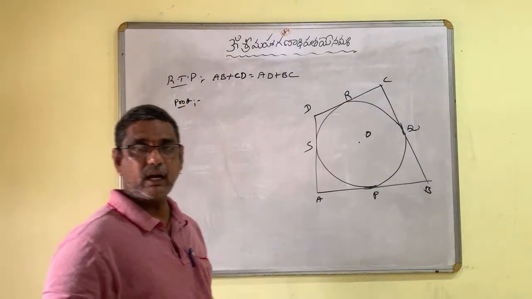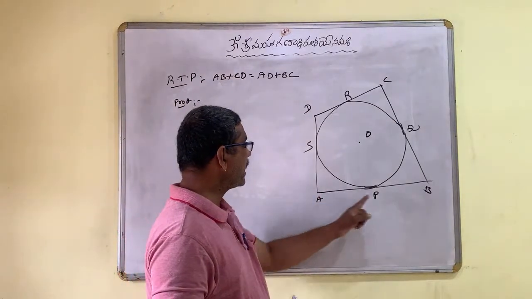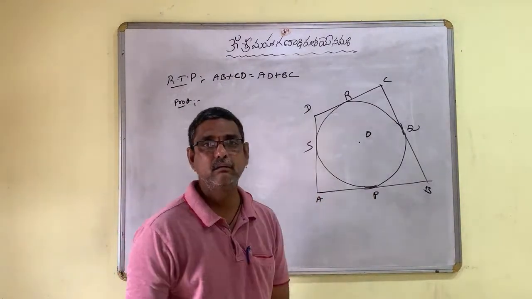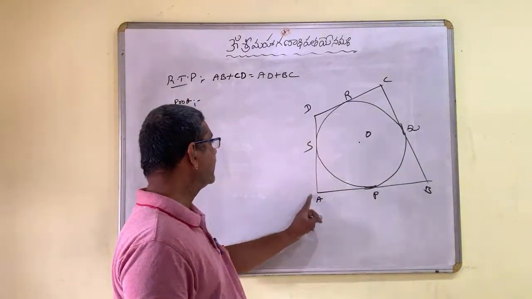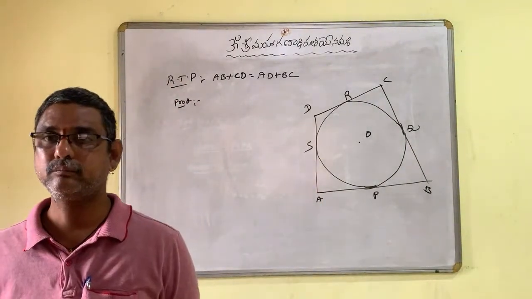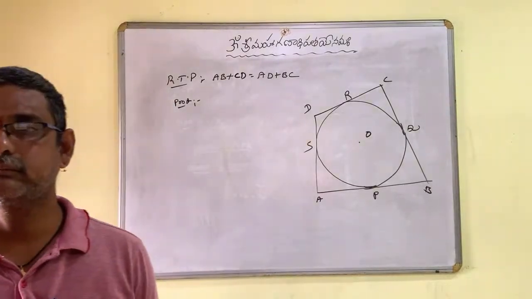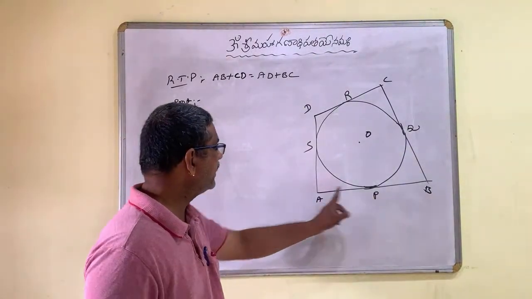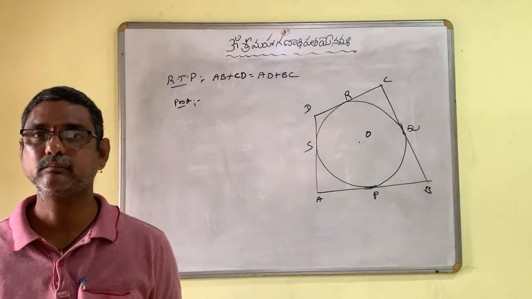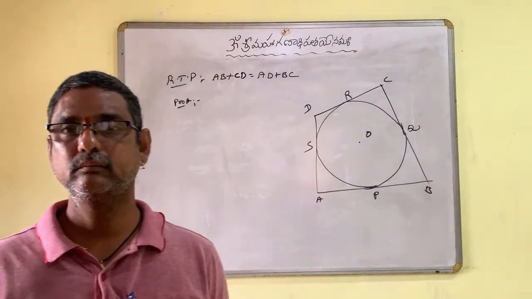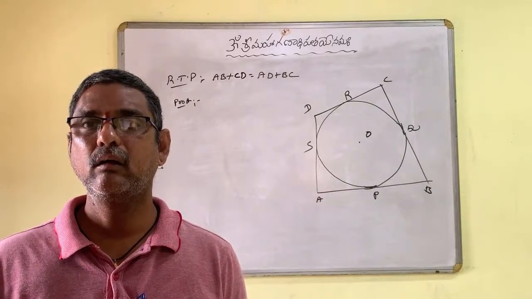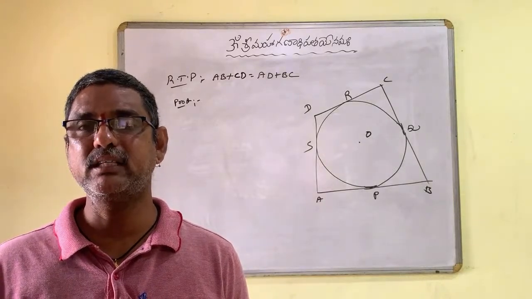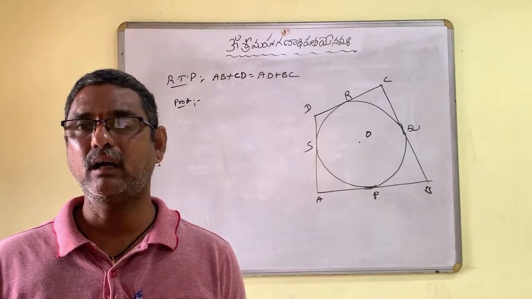Now, children, observe these two, AP and AS. What do we call them? No, not tangents.